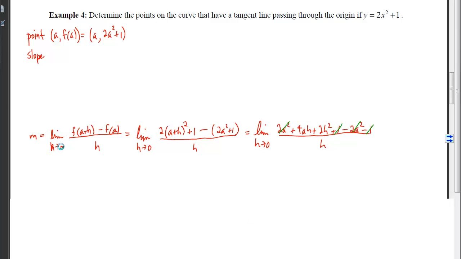So I can now factor the h out of the top, and I'll have left 4a plus 2h, and these h's will cancel, creating something that no longer has an issue when I plug in 0. So if I plug in 0, I end up with a slope of 4a.